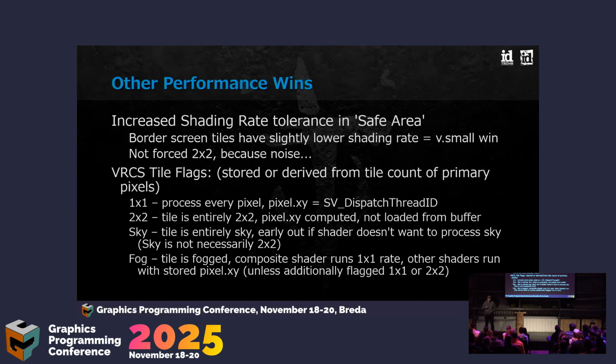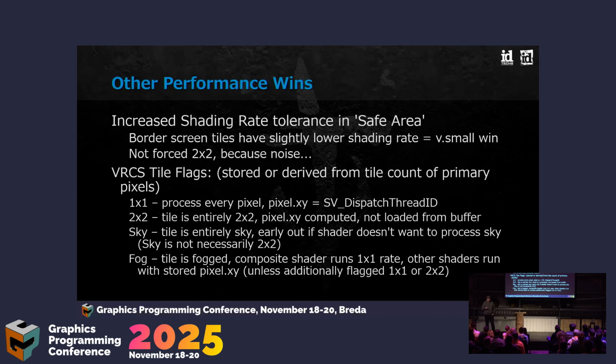Some other performance wins, some VRS implementations, they just set the border tiles on the safe area of the television to 2x2 rate. That didn't work in our case because the noise issue would show up, you could see it. But we did slightly reduce the shading rate on the border tiles. Another optimization was this idea of a tile having a state, having various flags that were either stored or derived.